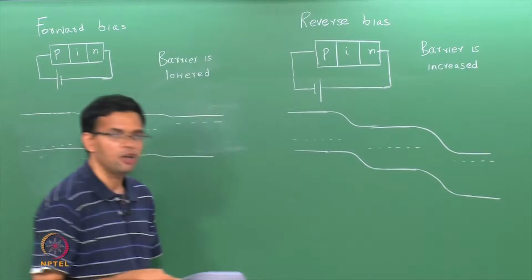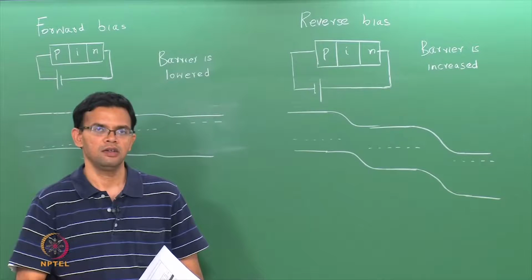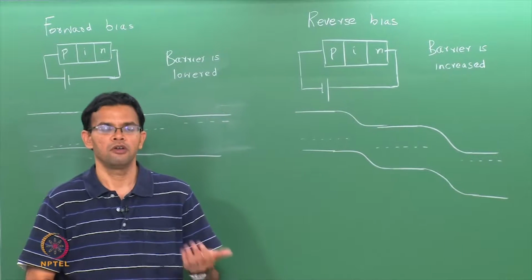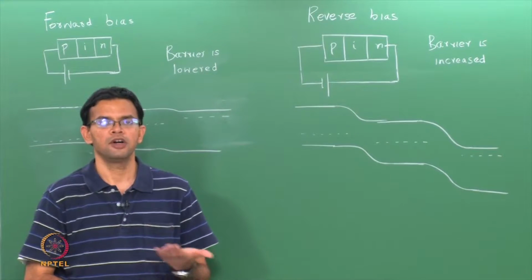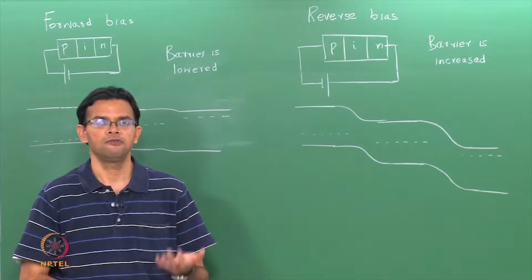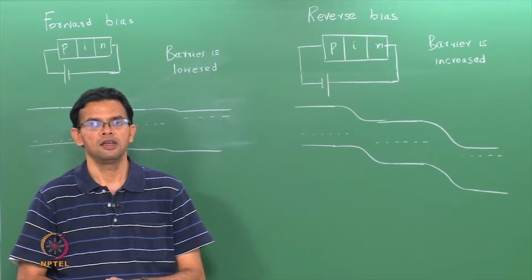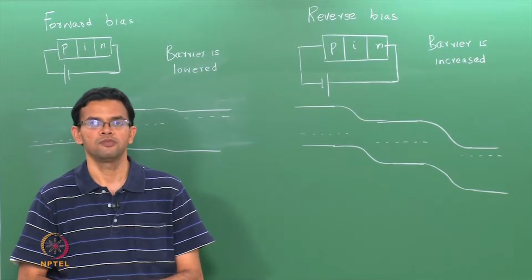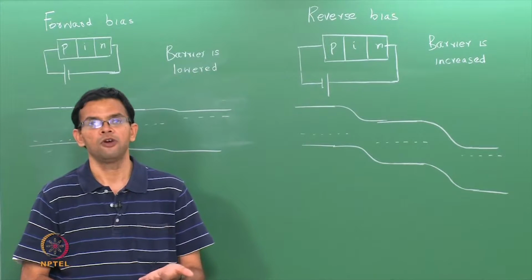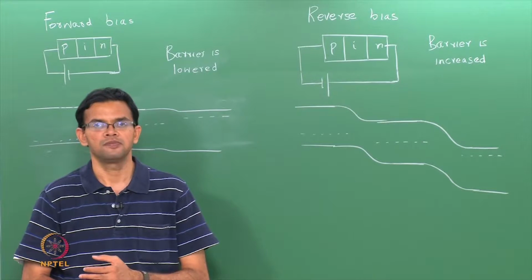The last part of the question asks, for use as a photo detector, do we use the PIN junction in forward or reverse bias? If you look at the working of a photo detector, it is one where light falls onto your device, and essentially this creates electrons and holes which are detected as a current, and the value of the current is directly proportional to the intensity of the light.